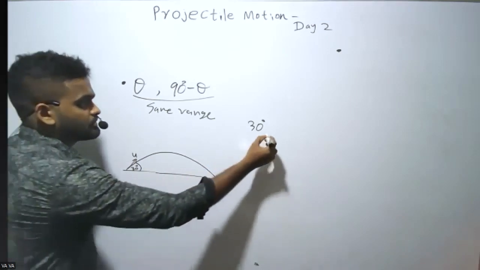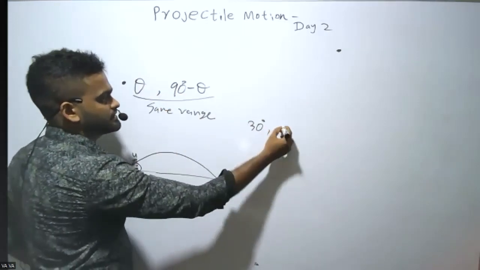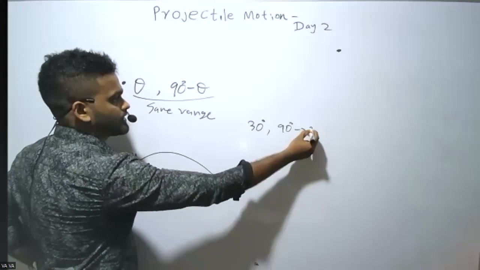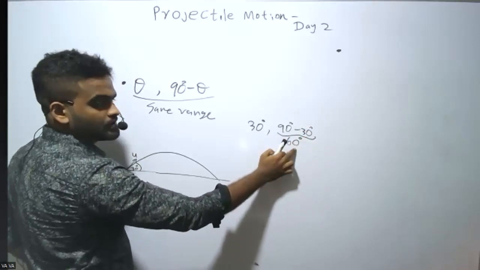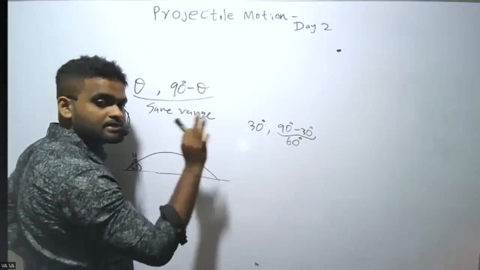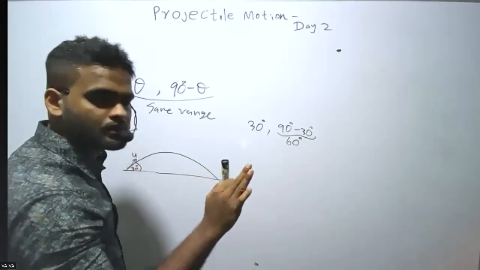So what is 90 minus theta? This is theta. 90 minus theta is 90 minus 30, so that is 60 degrees. For 60 degrees as well, we will have the same range. That's what it means.